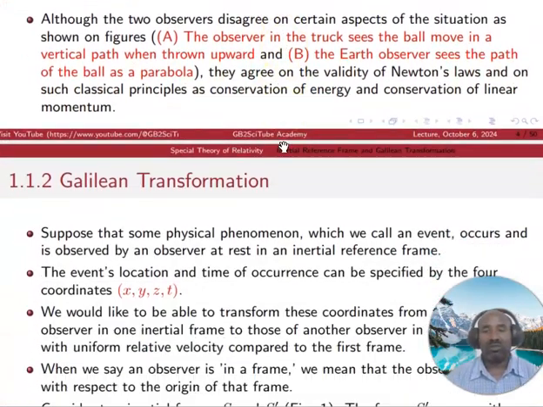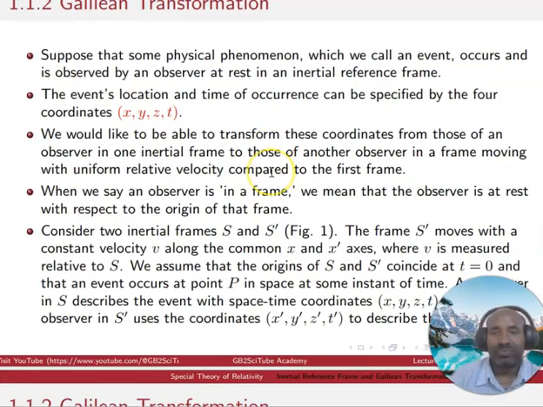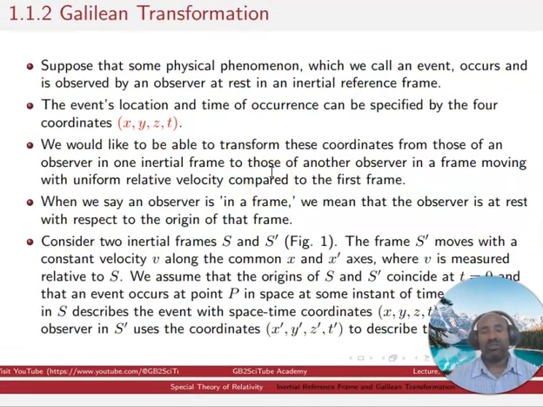Suppose that some physical phenomenon, which we call an event, occurs and is observed by an observer at rest in an inertial reference frame.